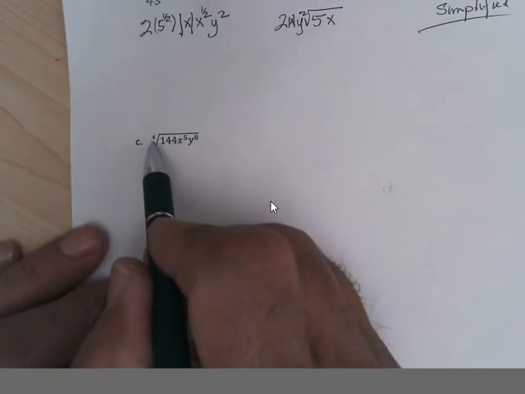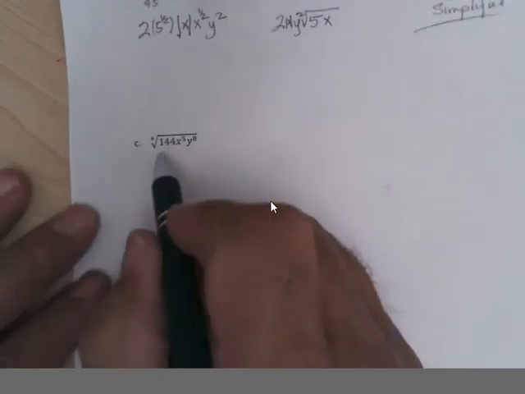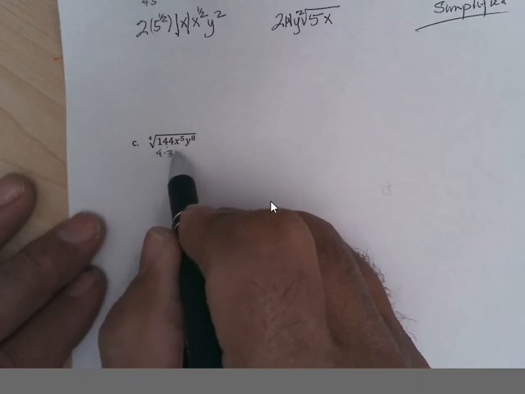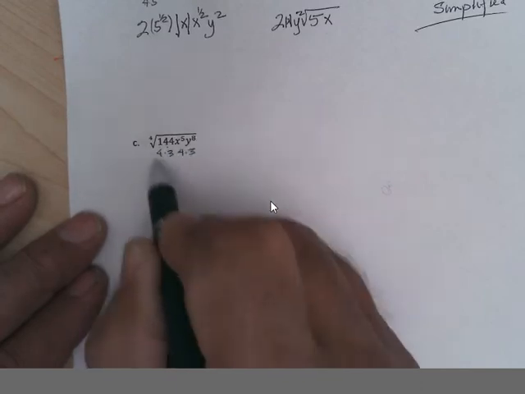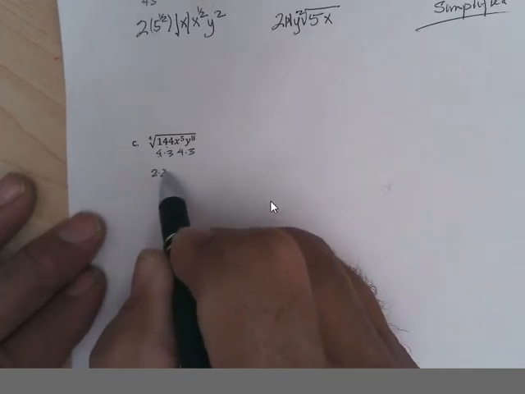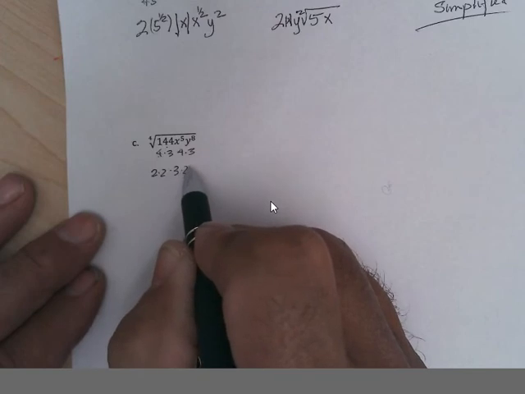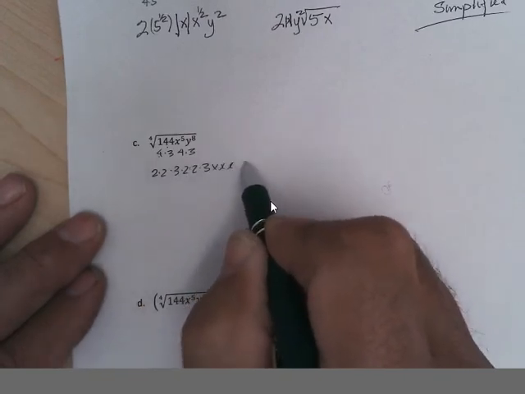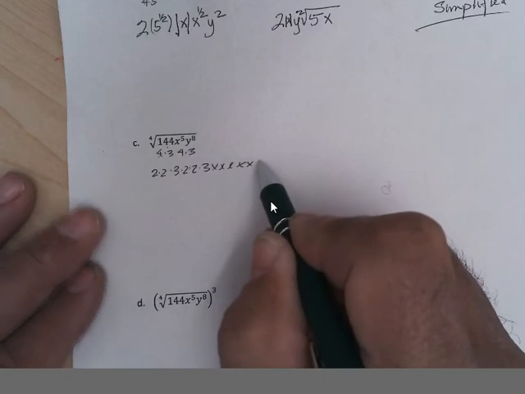This one, this is 12 times 12, and 12 is 4 times 3. So 4 is 2 times 2, times 3 times 2 times 2 times 3, and x 5 times, and y 8 times.